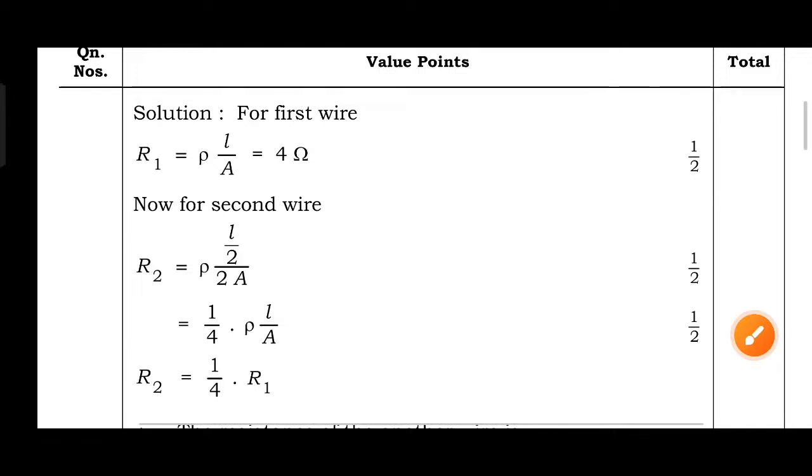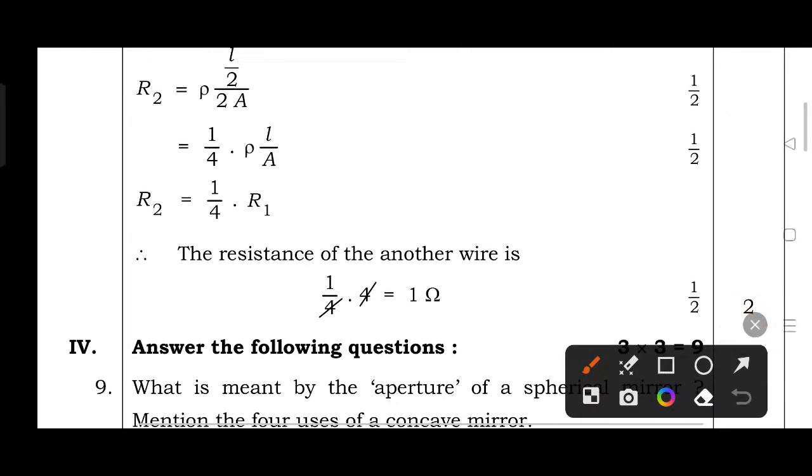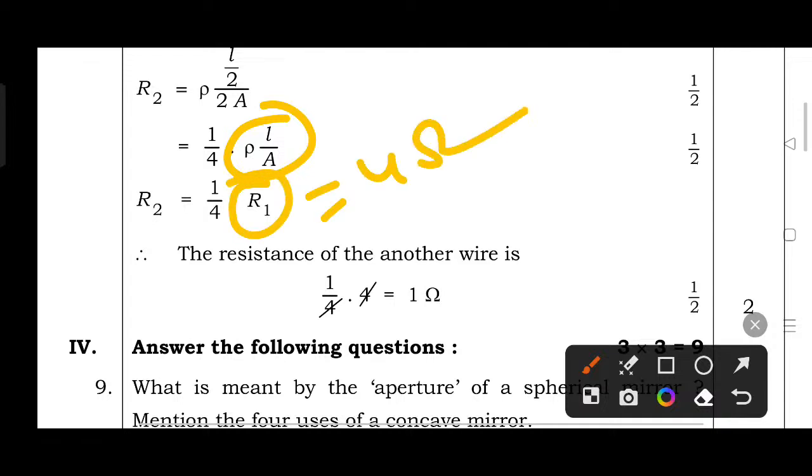R1 is equal to 4 ohm. So R2 is equal to 1 by 4 into 4 ohm. The 4 cancels. It's 1 ohm. The resistance of the other wire is 1 ohm.